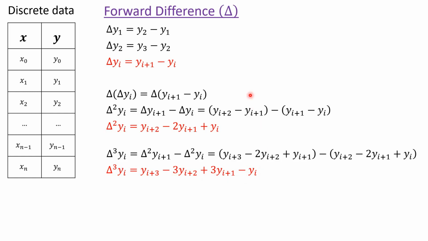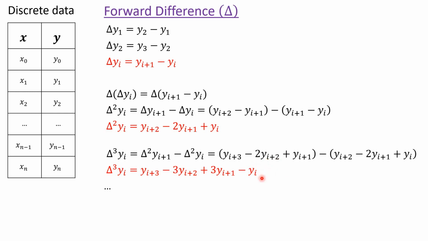Now you can notice one pattern here. Look here: for del of yi, the coefficients are 1, minus 1. For del square yi, 1, minus 2, 1. For del cube yi, 1, minus 3, plus 3, minus 1. So all these coefficients are binomial coefficients.